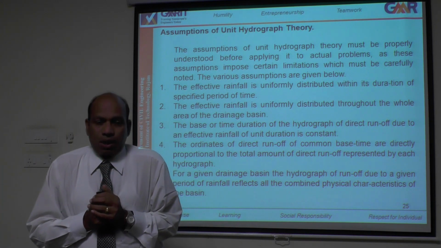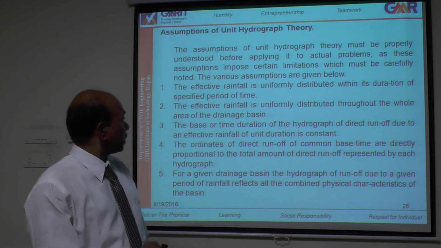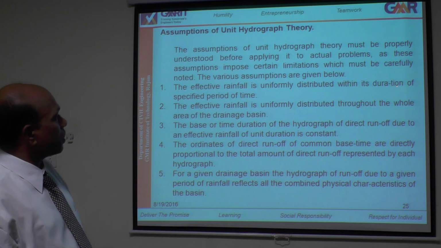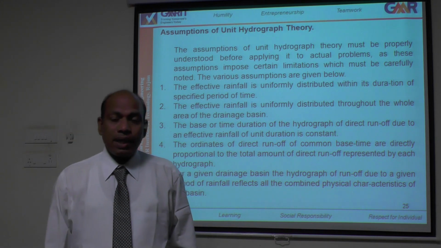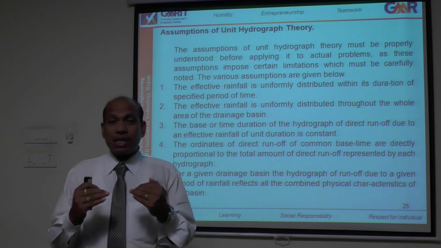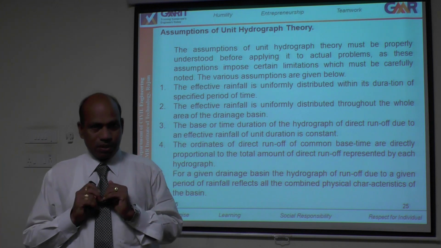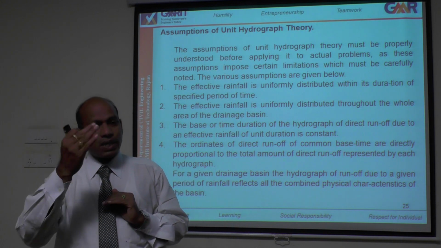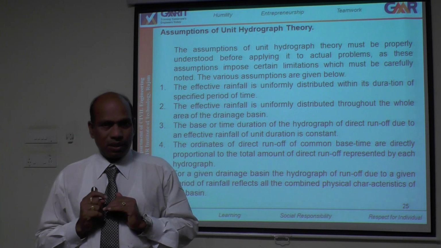That means the first assumption is that the effective rainfall is uniformly distributed within its duration, the specified period of time. Here, the intensity of rainfall varies from place to place. For example, Srikakulam district is one catchment area.